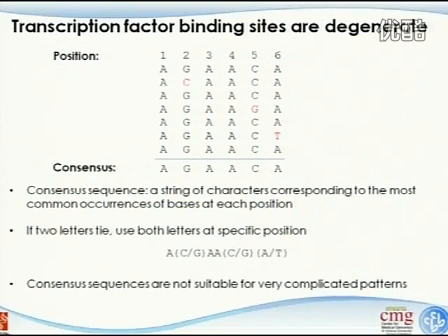If two letters tie, I'm sure you have read some papers where on the binding sites you will see A, and this is either C or G, and AA, and this is either C or G, and this is either A or T. So this consensus sequence is how people presented the binding sites in the old days, right? But the problem is that consensus sequences are not suitable for very complicated patterns. For reasonably complicated patterns, it's okay.